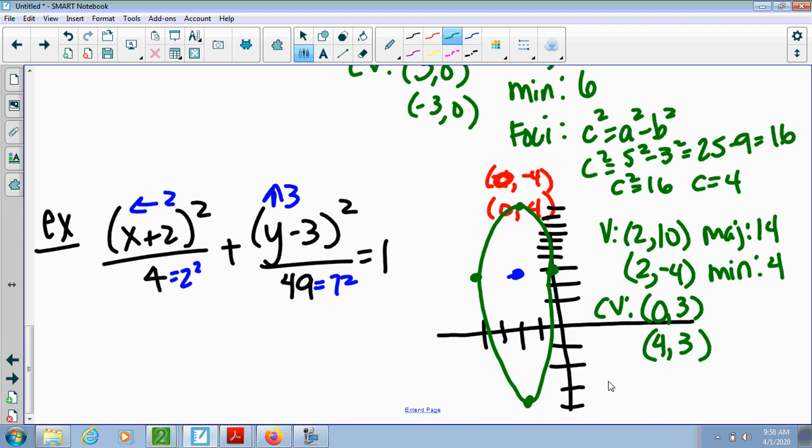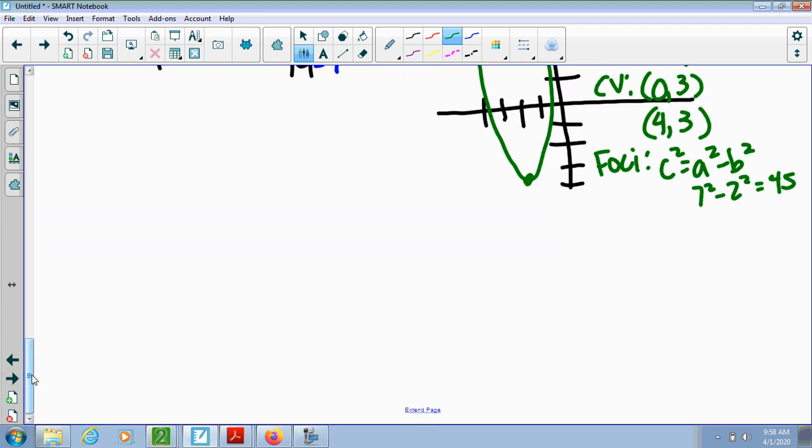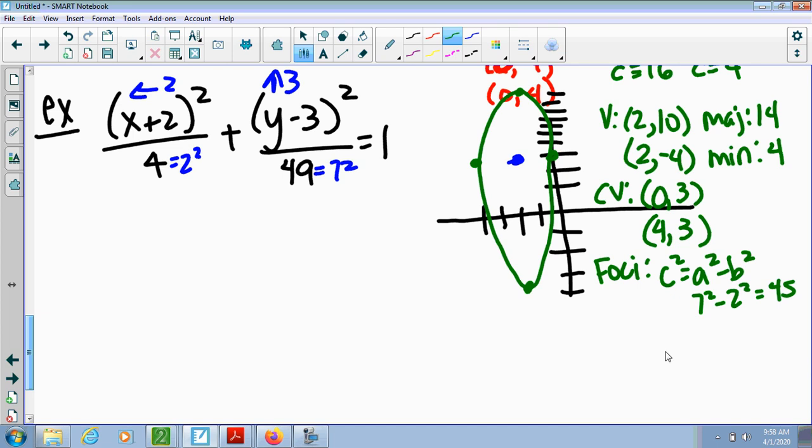And then I want to figure out what my c value is for my foci. So c squared is a squared minus b squared, which is 7 squared minus 2 squared. That's 49 minus 4, which is 45. So c is the square root of 45, which is 3 root 5.